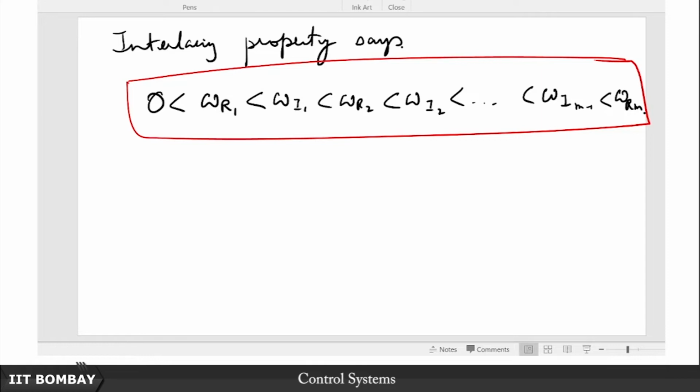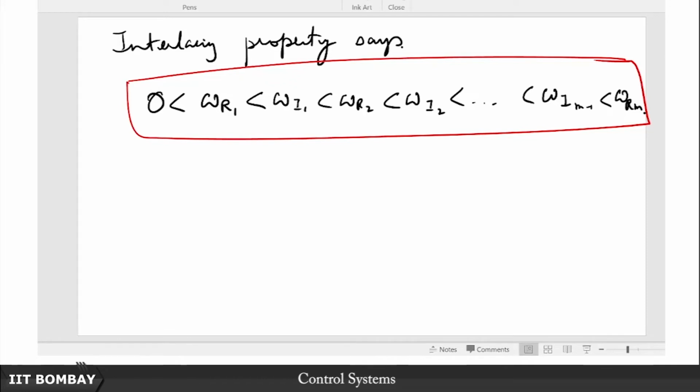Here's an idea. Given a polynomial, suppose the original polynomial I started with has all its roots on the left half plane. Can I in some clever fashion reduce the degree of this polynomial? Say it's a 20th degree polynomial, I do some operation to it and I reduce it to a 19th degree polynomial in such a way that if the original 20th degree polynomial had all its roots on the left half plane, the 19th degree polynomial should also have all its roots on the left half plane.